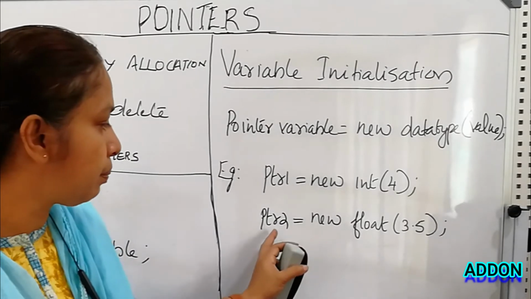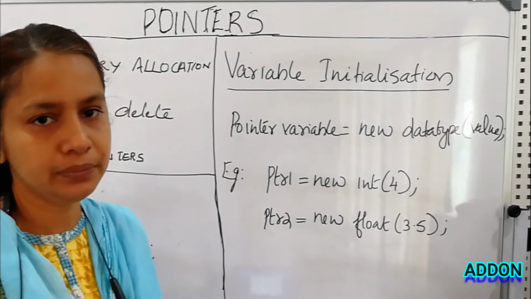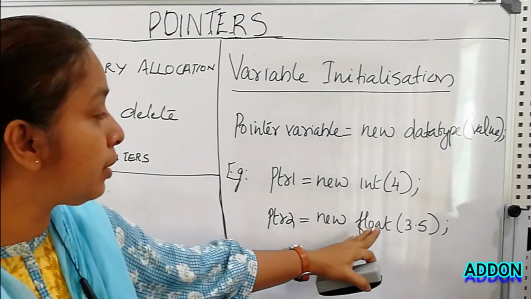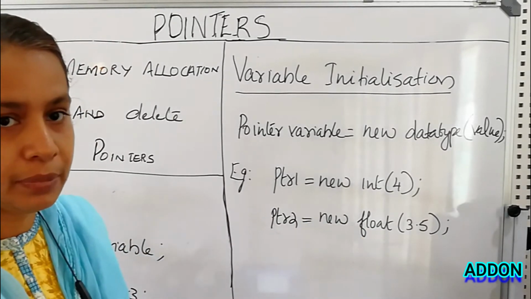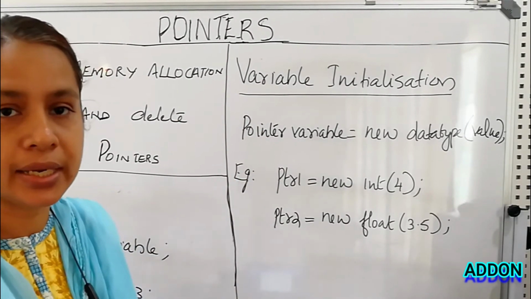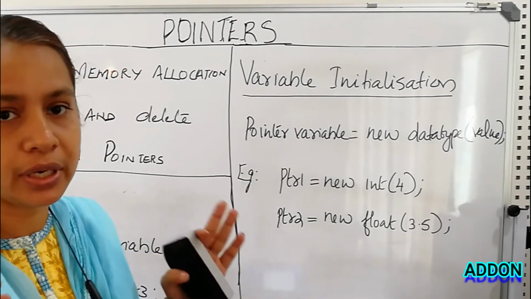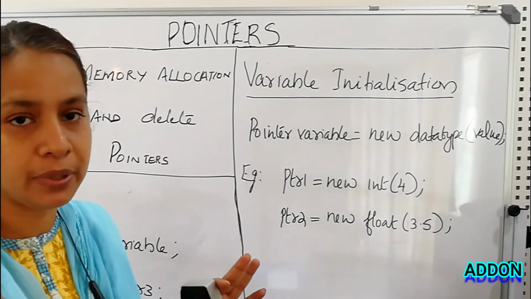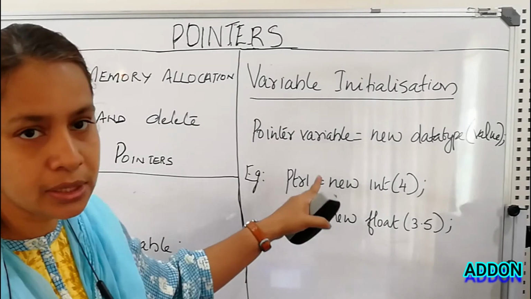Okay, so I have not given variable initialization for structure type data because this method cannot be used for initializing structures. These methods can only be used for initializing fundamental data types. So that point you have to keep in mind. Structures cannot be initialized using this method.